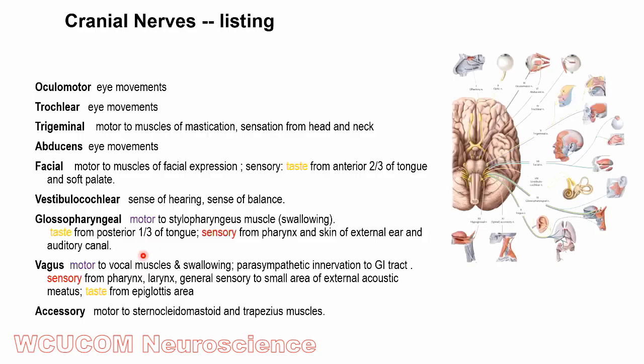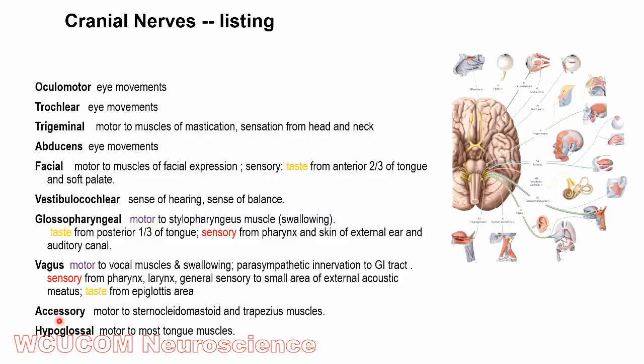Accessory nerve is unique, obviously. So we're going to find those motor neurons in spinal cord, and yet it presents as one of our cranial nerves. So it's rather unique.